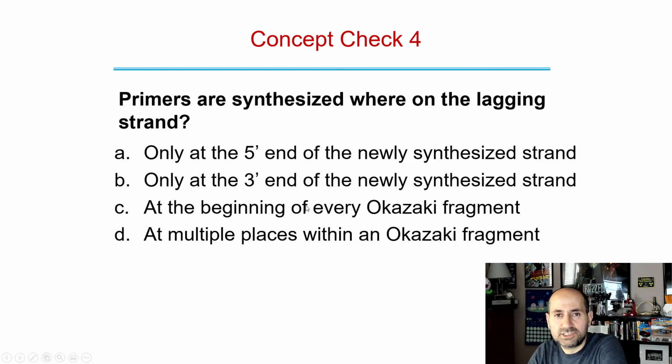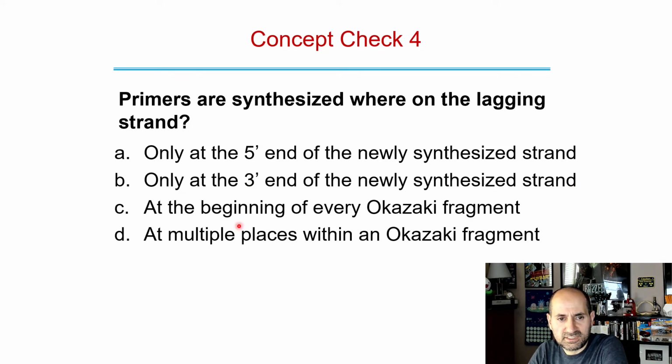So here, concept check number 4 time. Primers are synthesized where on the lagging strand? Is it only at the 5' end of the newly synthesized strand? That doesn't make sense. At the 3' end of the newly synthesized strand?